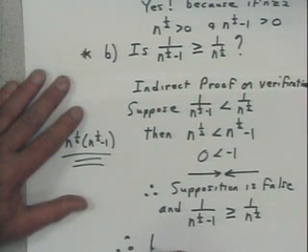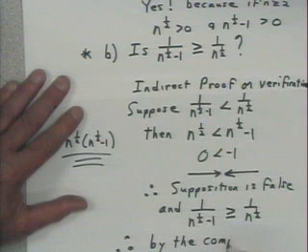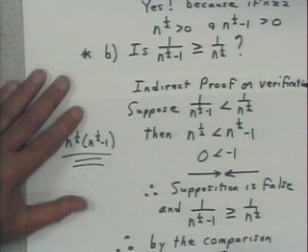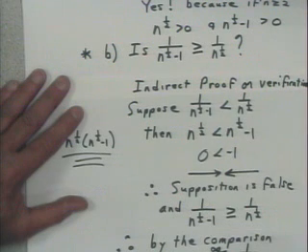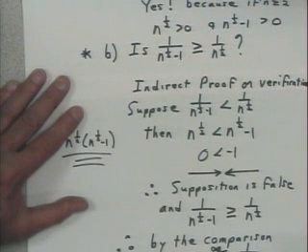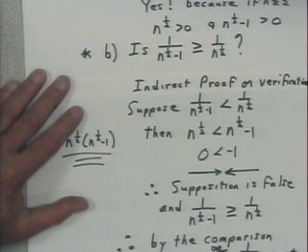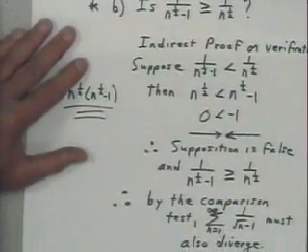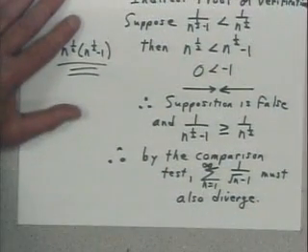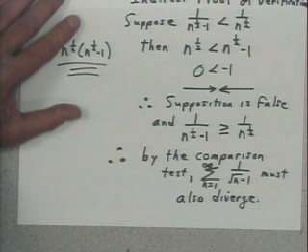Okay, therefore, by the comparison test, the series n running from 1 to infinity of 1 over the square root of n minus 1 must also diverge. And that's the final conclusion.